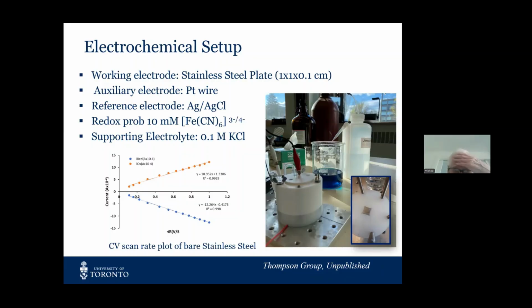As I mentioned, one of the things we're looking at extensively is the electrochemical methods, which may not be so familiar to this audience. We have a working electrode in our work, which is in fact stainless steel. We have a reference electrode, which is silver chloride, and we use various forms of voltammetry, which I won't go into the physics of, but basically we can use electrochemistry to detect the gelsolin-actin chemistry that we saw a minute ago.